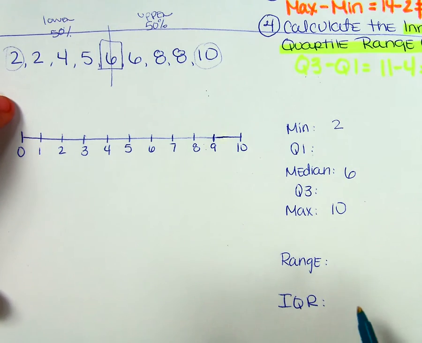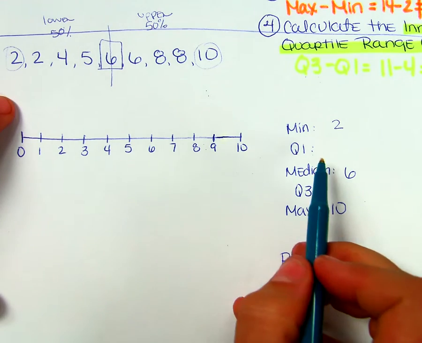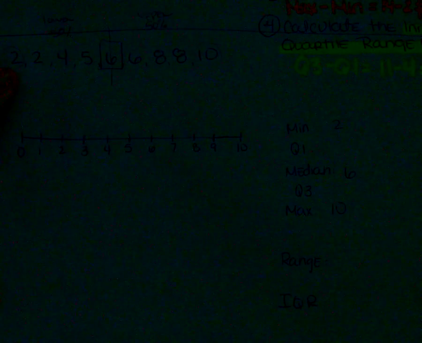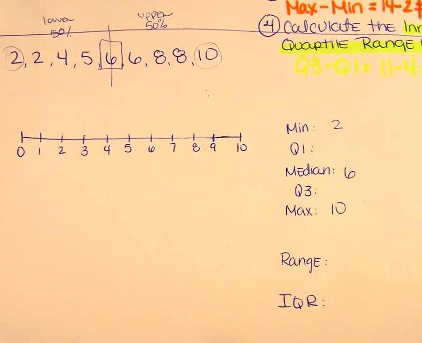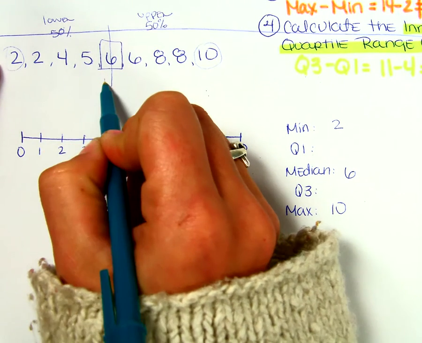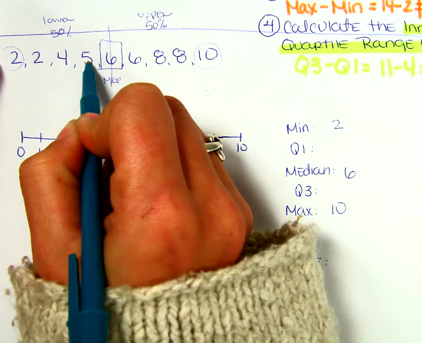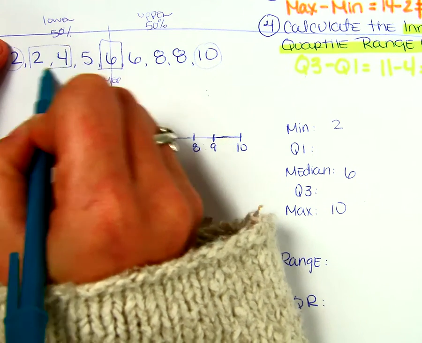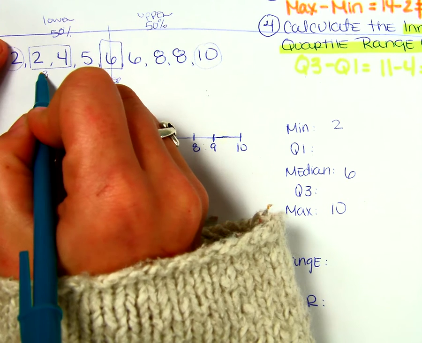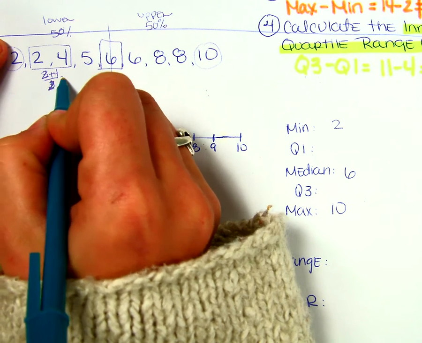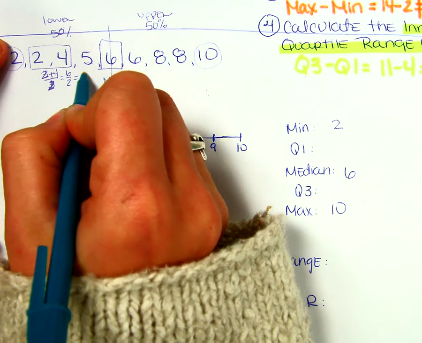Okay, so now when we go to find our quartile 1, what we'll do is we're not going to start at 6, we're going to start at 5, because 6 is the median. So we'll start at 5 and 2 and count in. So our quartile 1 is going to be 2 plus 4 divided by 2. 2 plus 4 is 6, and 6 divided by 2 is 3.